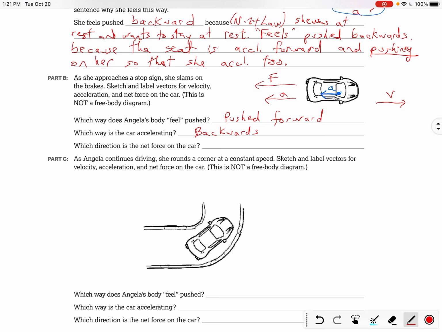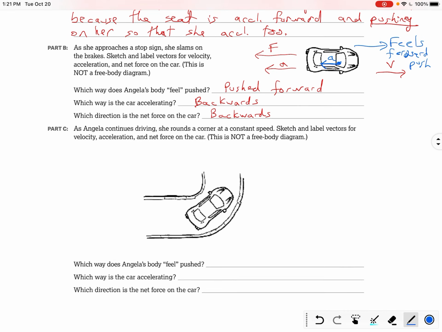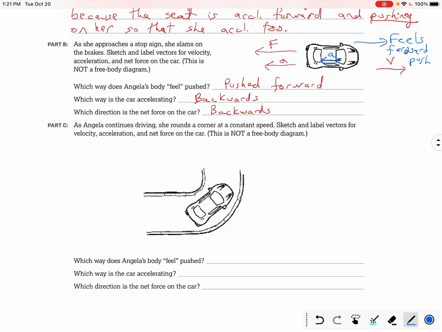So the net force on the car is backwards, as is the net force on Angela. So again, she feels a forward push. Okay, so again, the feeling is in the opposite direction as the acceleration. And again, that feeling comes from this misperception of being in a non-inertial reference system.